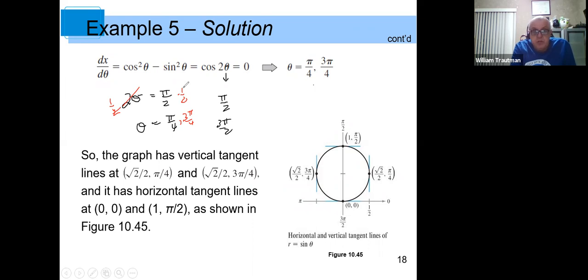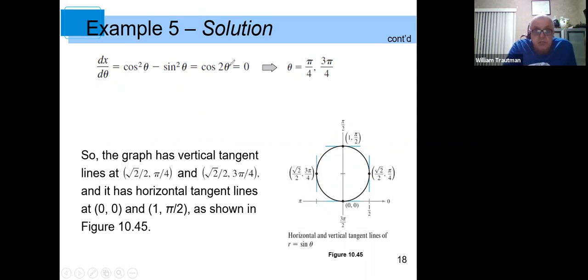So we know pi over 2 and 3 pi over 2 are the ones that will make it equal to 0. But if we multiply by 1/2 on both sides, these are what we get.